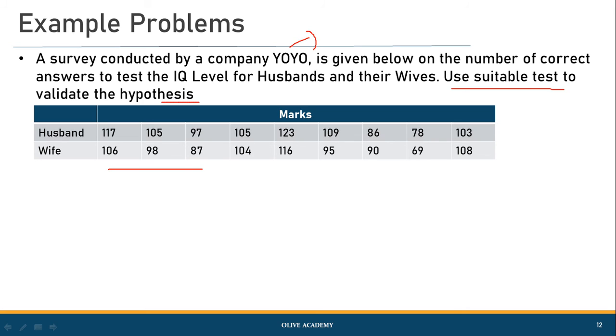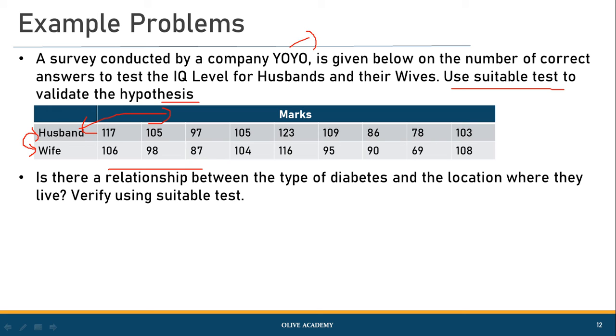But the question again, it's not a test of independence. It's about husband's IQ level and the wife's IQ level, something similar to what we have seen previously, right? Between the salespersons, between the rows, but not rows and columns. So you cannot apply chi-square test for this question. Rather, you should apply the hypothesis testing.